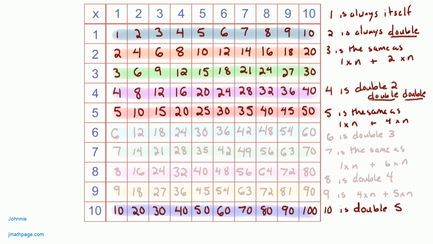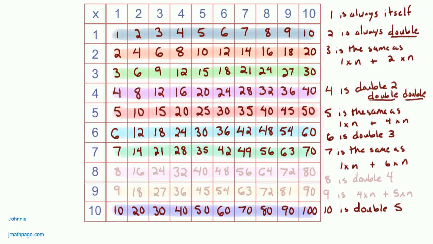And 6, we know about 6. 6 is double 3. And we doubled our 3's to make our 6's. 7's, we added 1 times a number plus 6 times a number. But we could have done 3 times a number plus 4 times a number, or 2 times a number plus 5 times a number. However we wanted to break down the 7's would work.